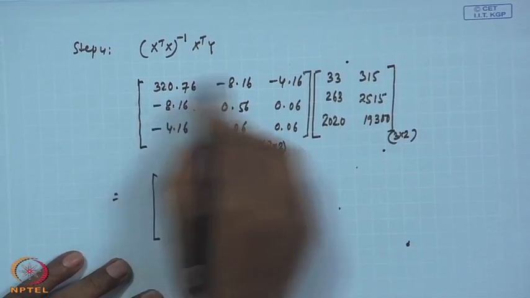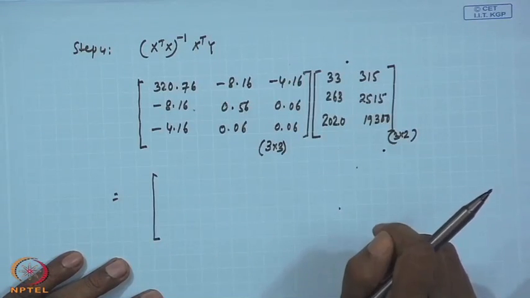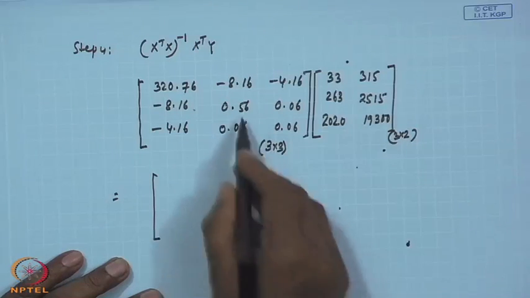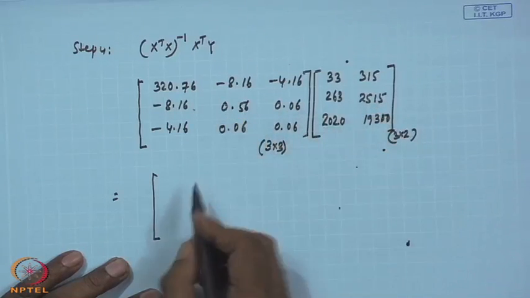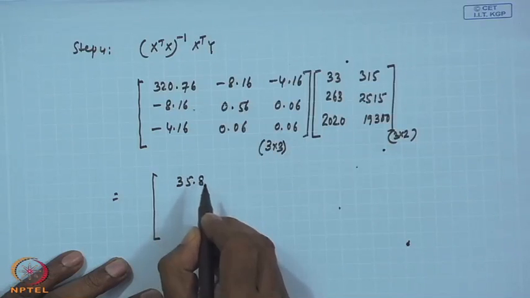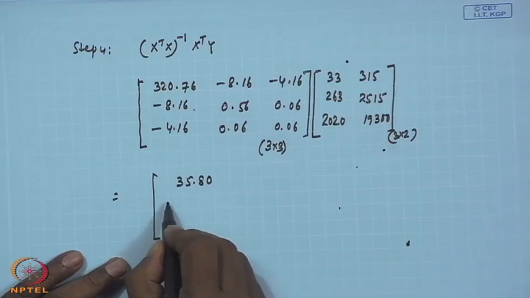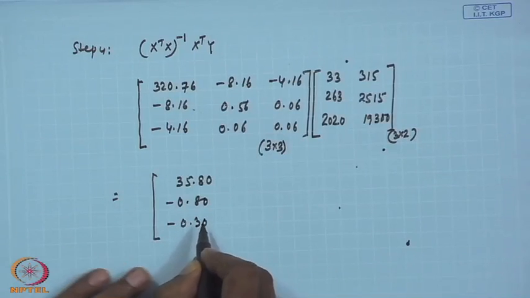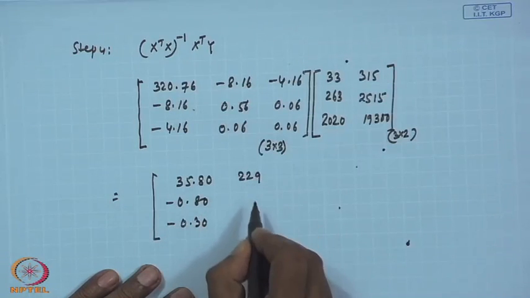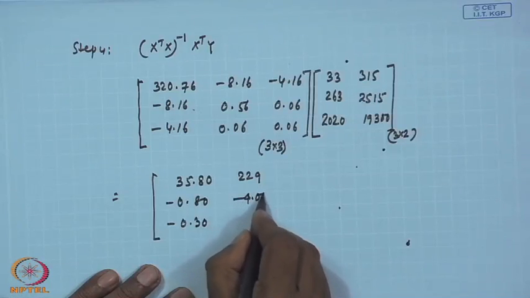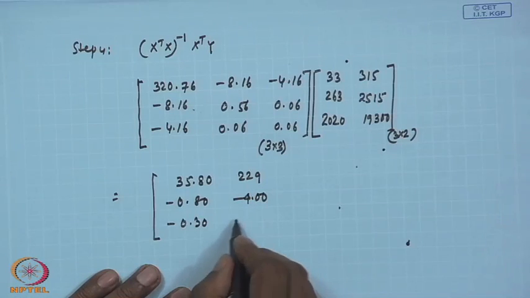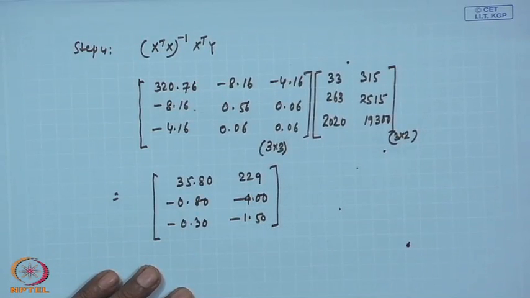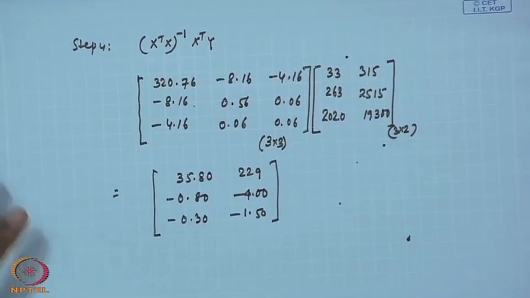And that value, if you again use software, MATLAB or Excel, the multiplication of these two will give you 35.80, minus 0.80, minus 0.30, then here it is 229, then minus 4.00, then minus 1.50. This is your beta matrix.